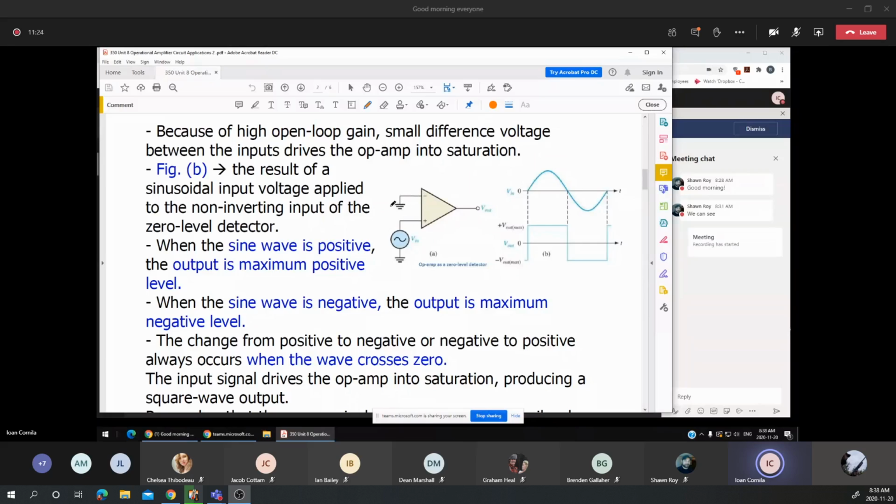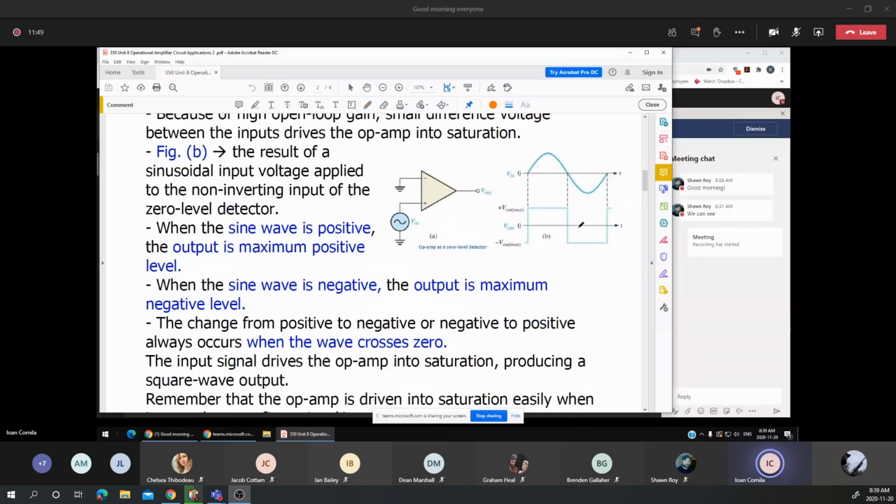Again, the reference voltage is zero level, or grounded. For any voltage applied on the non-inverting input greater than zero, the output voltage will change from the negative maximum to the positive maximum.